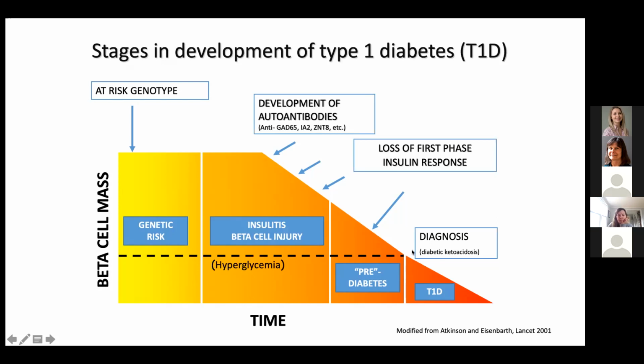Around when 80% of the beta cells have been destroyed by the immune system, the body cannot deal with glucose metabolism and the person is diagnosed with type 1 diabetes.